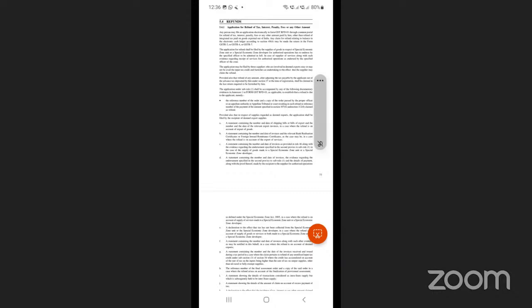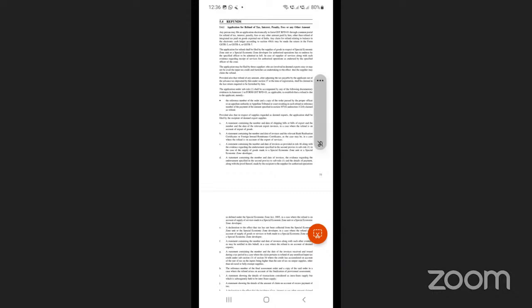Now the application for refund shall be filed by the supplier of the goods in respect of even the special economic zone unit or special economic zone developer also. Whoever they may be, they can also file the refund, and the authorized operations have to be endorsed by the specified officer.